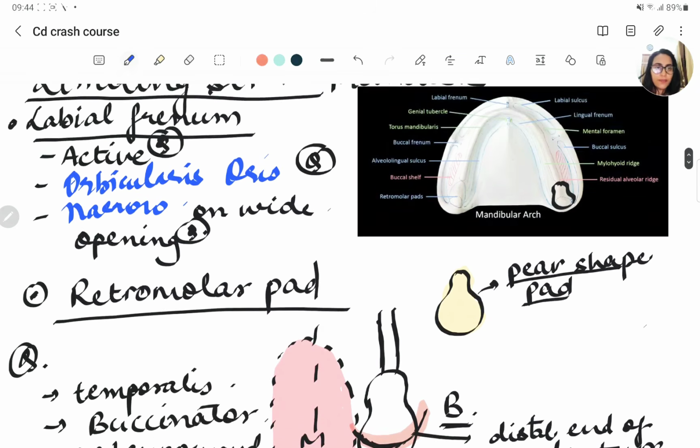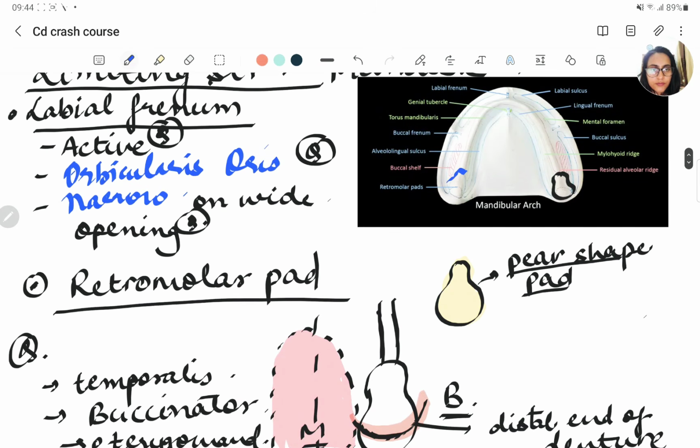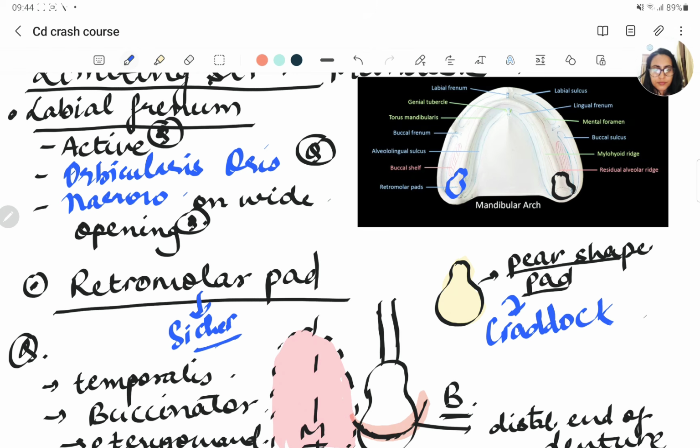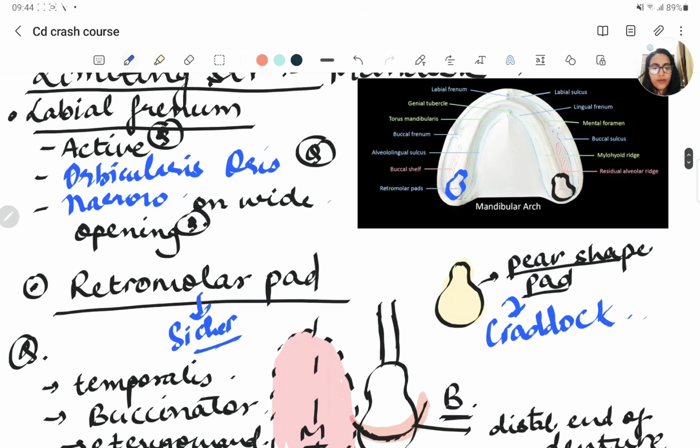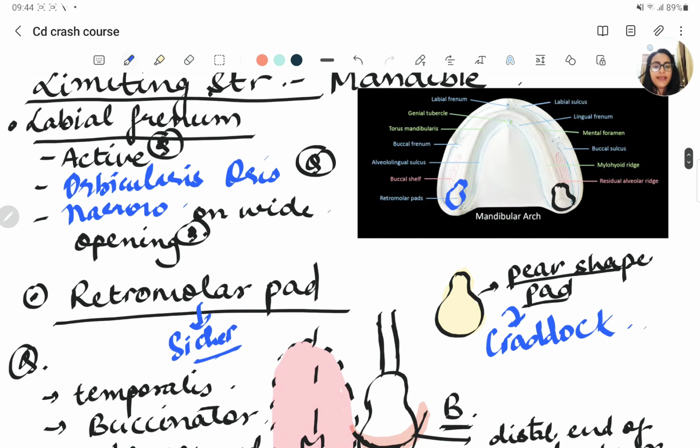So the retromolar pad, which is this pad, is a pear shaped pad, okay? The term retromolar pad is given by Sicher, and the pear shaped pad term is given by Craddock. So this is the retromolar pad area. What are the extension or the landmarks of this retromolar pad area?